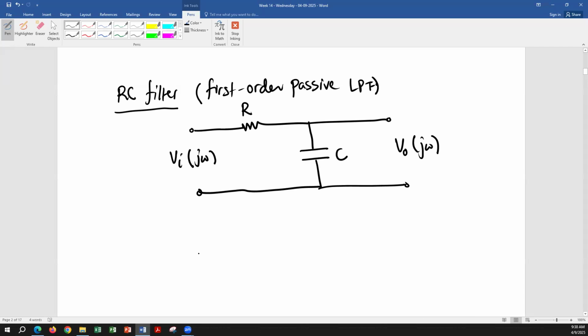As far as the mathematical derivation of the output is concerned, how are we going to find the output? Who's going to tell me? Voltage divider, and that is going to be? XC over R plus XC.